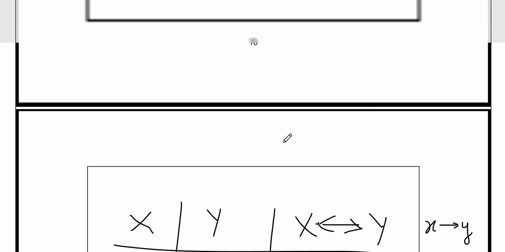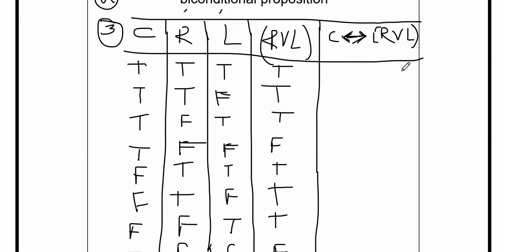Now let's move back to our original table to complete this. So see, biconditional, either rich or lucky. So we have to use this column and this column. Now in bidirectional, I said if both are true, then it is true. If both are false, then it is true. Otherwise, it is false. So are both true? True, true.